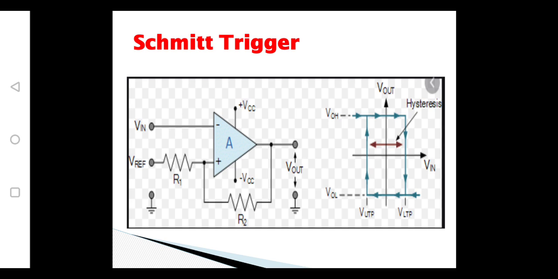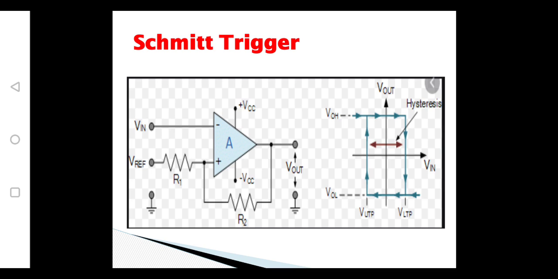And if we want to calculate the upper threshold and lower threshold values, the formula for the upper threshold is plus V saturation into feedback resistance by total resistance, that is VUT equal to Vsat into R2 by R1 plus R2.